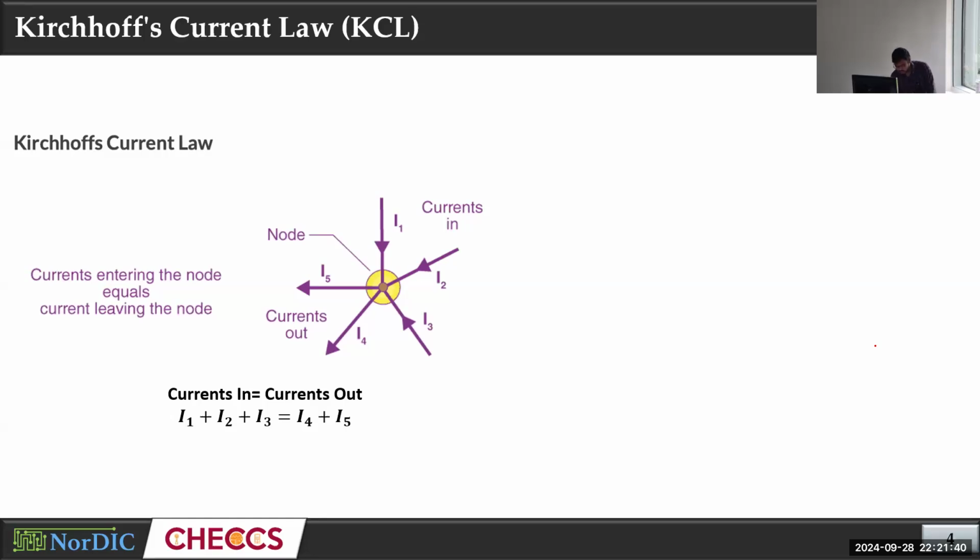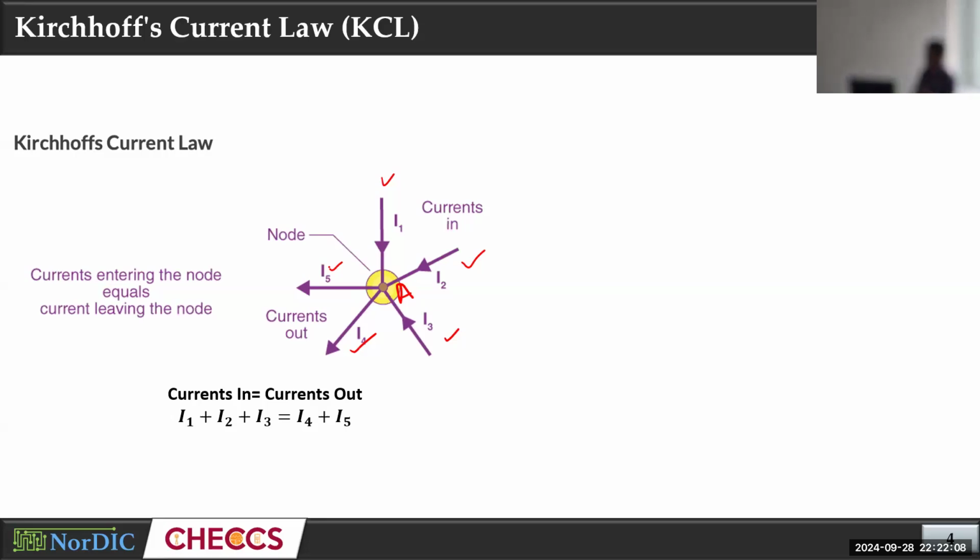So if you look at this node here, let's call that node A. We have a bunch of currents entering that node. From the arrows, we can say that I1, I2, and I3 are entering, right? These 3 currents are entering this node A. And I4 and I5, these 2 currents, are leaving this node.